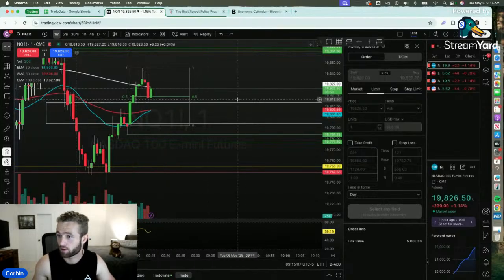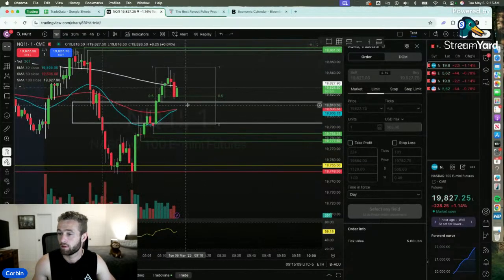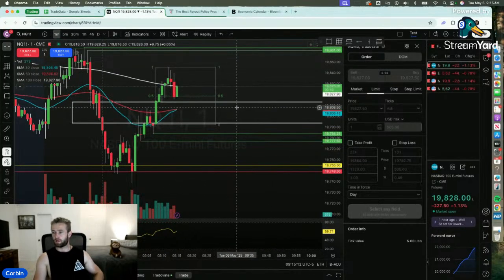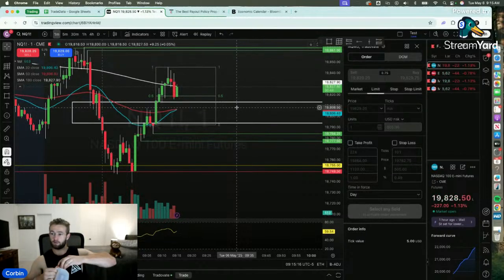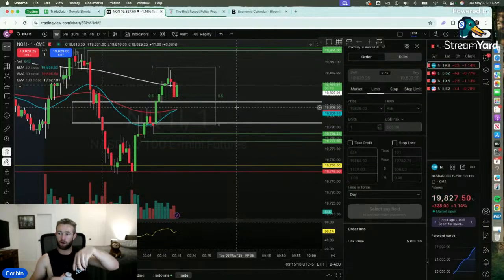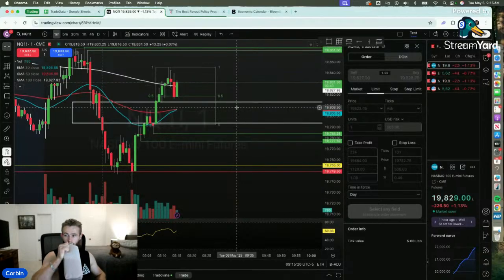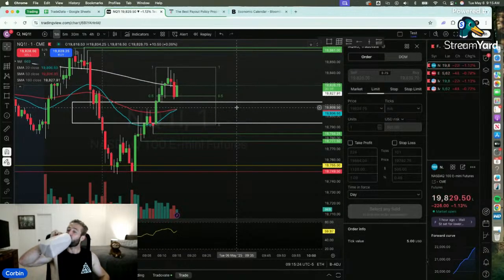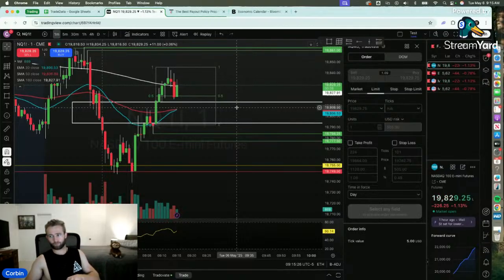Well, it hit equilibrium. Solid moves down. This is a green candle, then we made a new low, and opportunity might be gone. Are we tripping, though? Absolutely not.